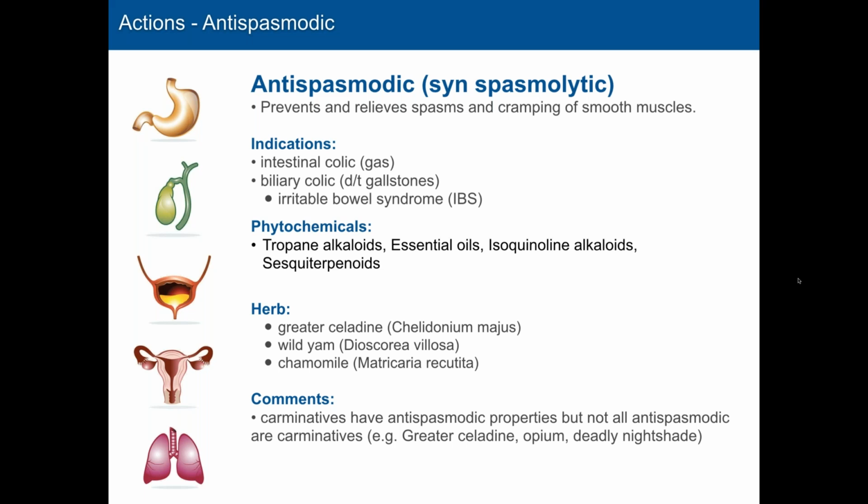But some of these can also be used not just for digestive issues, but also for menstrual cramps. Greater celandine, wild yam, and chamomile have all been used historically for menstrual cramps. Greater celandine and wild yam have also been used for gallbladder spasms. So there are other indications.